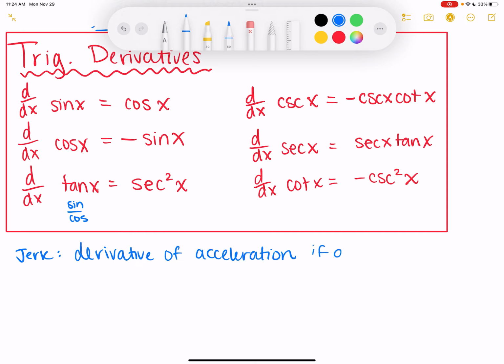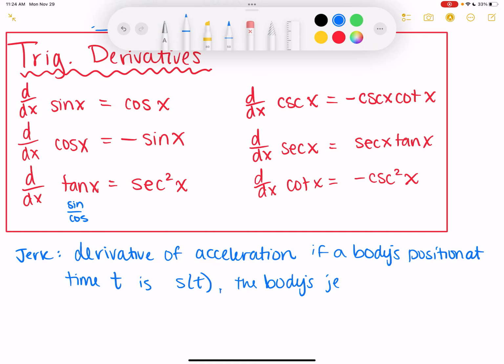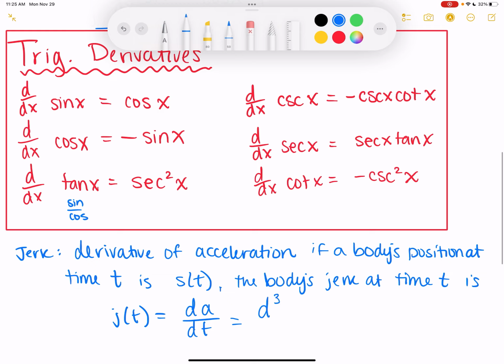If a body's position at time t is s of t, then the body's jerk at time t is j of t equal to dA/dt, equal to d^3s/dt^3.